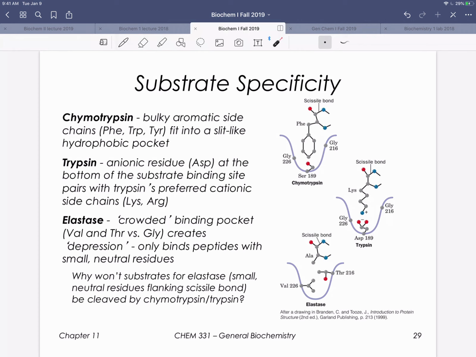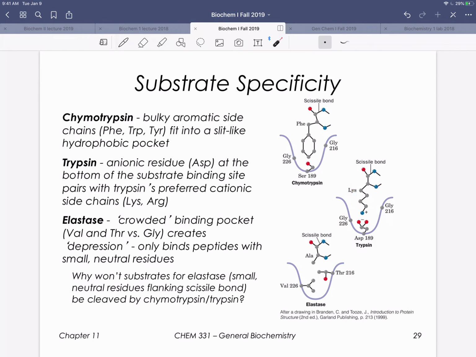So we were reminded that in order for any of these residues to fit into these enzyme active sites, they're probably accessible to water, and so there's probably water that's surrounding here. So we have to remove that water, and that's going to be an entropic penalty or an enthalpic penalty, and so now we need to compensate for it in some way. We compensate for it in this very deep binding pocket that has something negative in the bottom by having lysine or arginine.